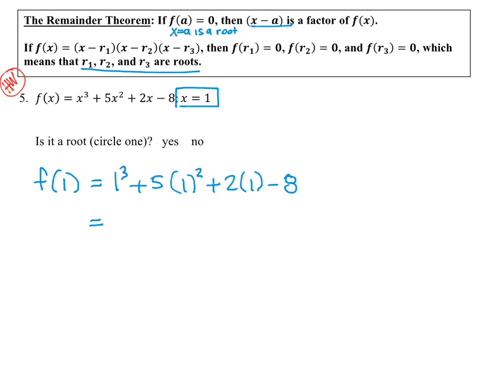All of the 1's just become 1, so I have 1 plus 5 times 1 plus 2 times 1 minus 8. 1 plus 5 is 6, plus 2 is 8, minus 8 equals 0. So that means that x equals 1 is a root.